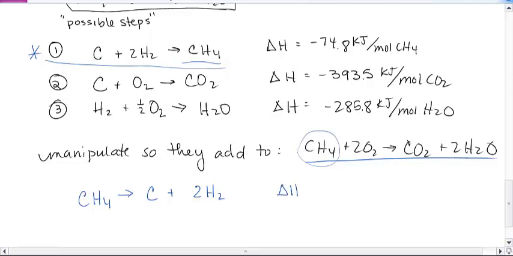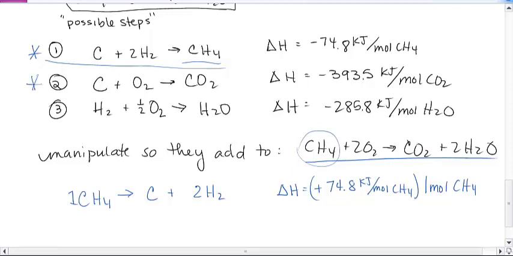So my delta H becomes positive 74.8 kilojoules per mole of methane. How many moles of methane do I want in my original equation? 1. So I only need 1 of these, and so I'm actually going to multiply this by that 1 mole of methane that I need. All right, so that's the first one.